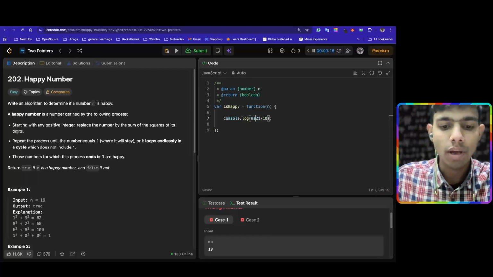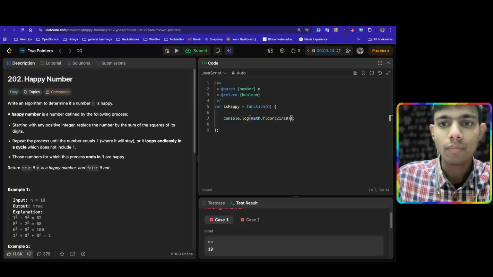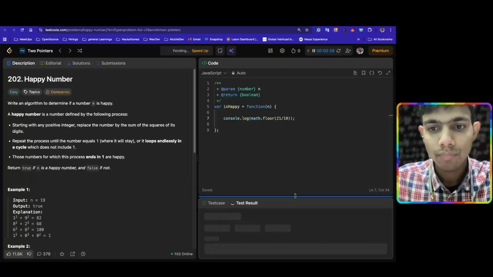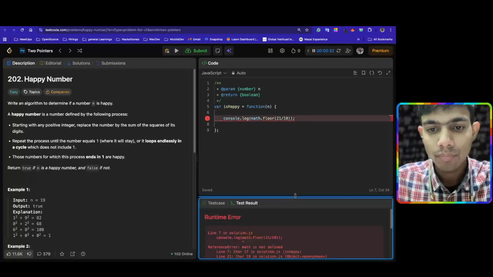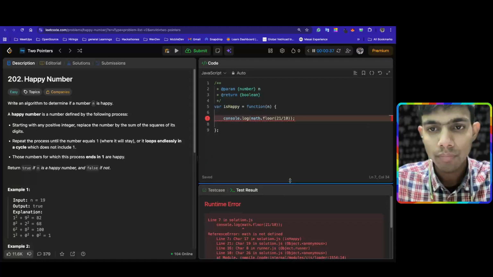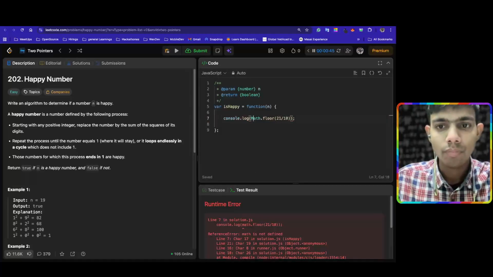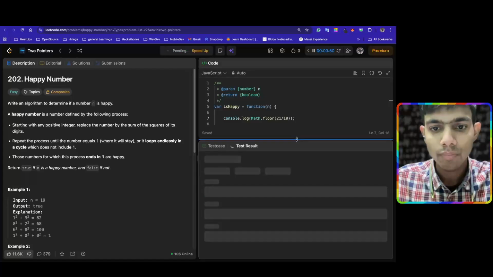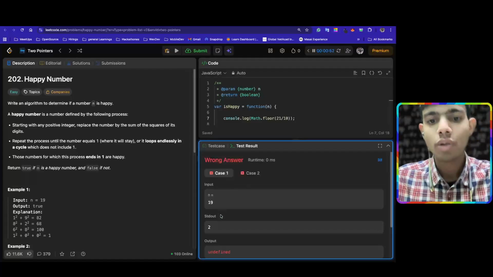And if I use Math.floor, we are getting 2.